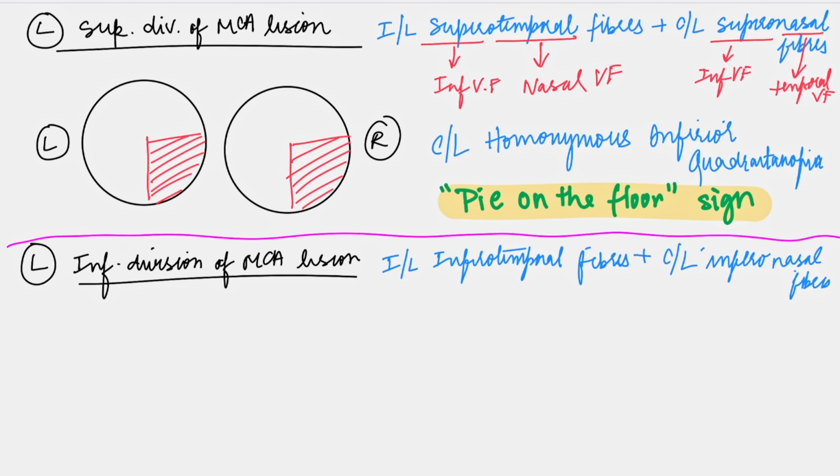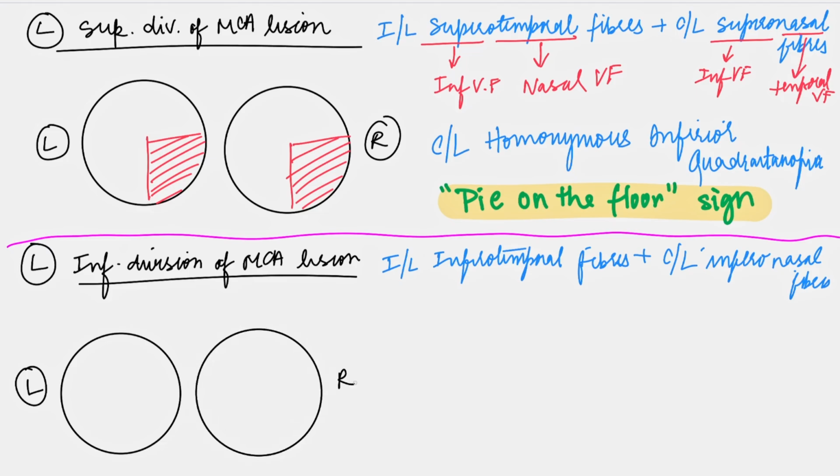So if I have to draw the visual field, this is left, this is right. So we'll have ipsilateral inferotemporal fibers, which by now you'd be knowing. So the visual field loss would be supero-nasal on the left, at the same time, contralateral inferonasal fibers loss will produce a loss of the supero-temporal visual field here.